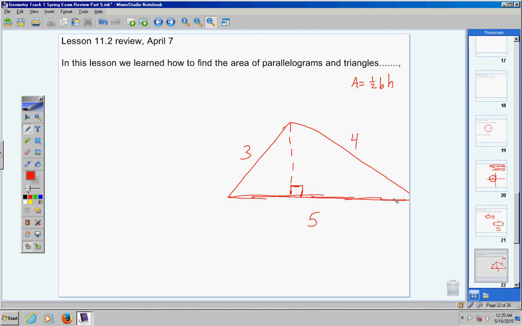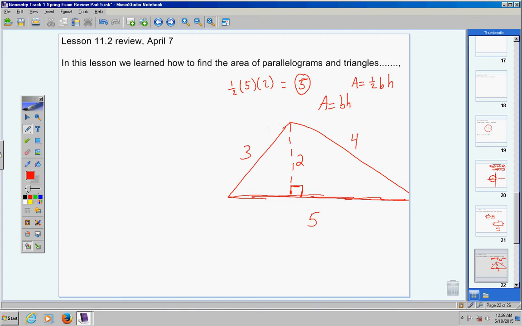The height has not been given to me, so I'm going to call it 2, okay? So there we go. 1/2 times the base times the height. Pretty simple. 1/2 times the base times the height, okay? Which would give you 5 units for the area of this triangle, okay? So feel free to write down these two formulas on your exam cheat sheet, okay?